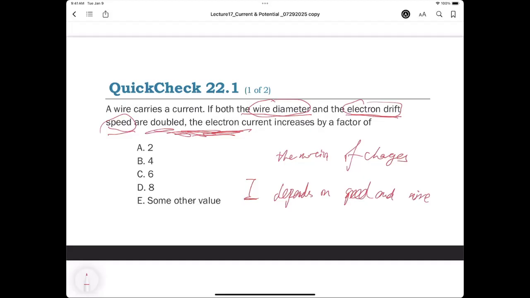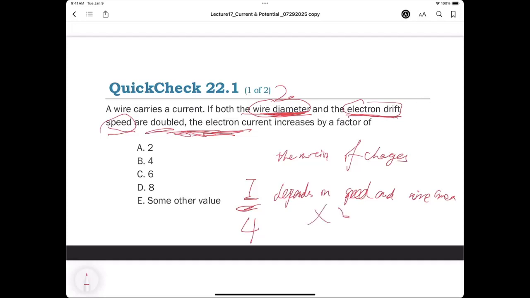So the current depends on the electron speed and the wire area. The area goes as the square of the diameter. Am I right? So if the diameter is doubled, the current becomes four times, and if the speed is doubled, it becomes two times.